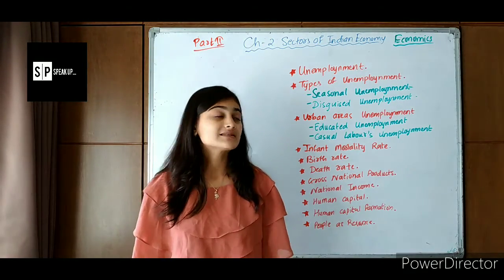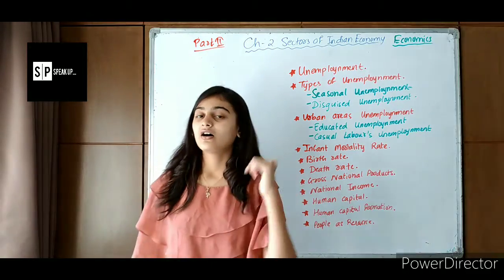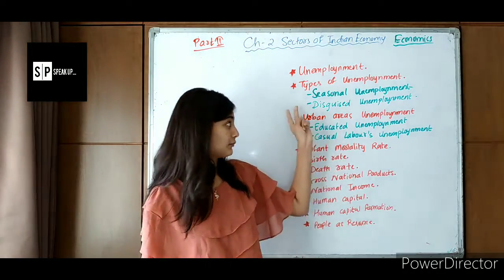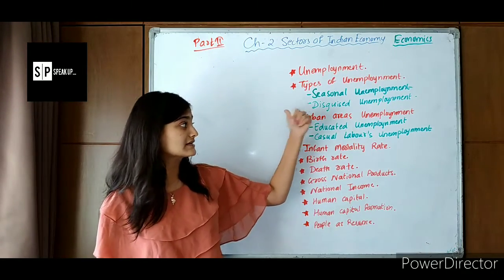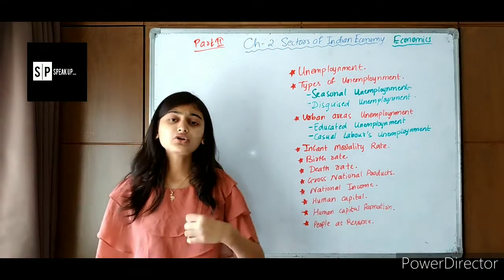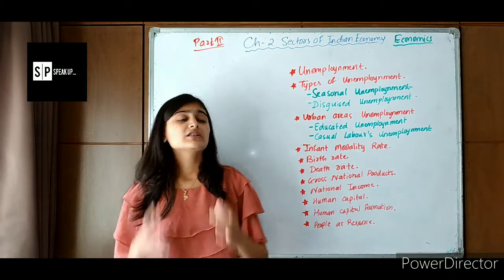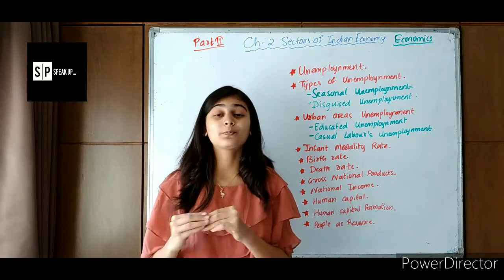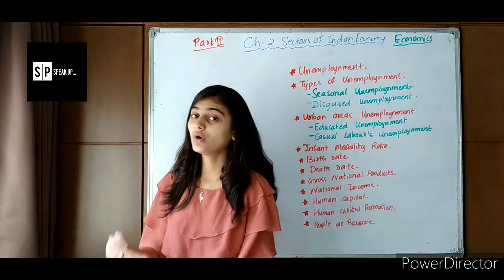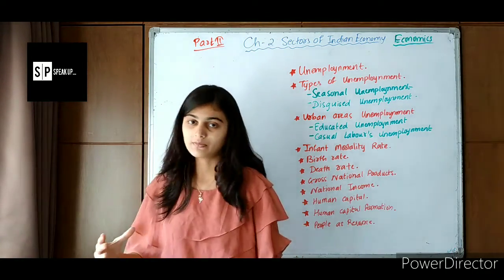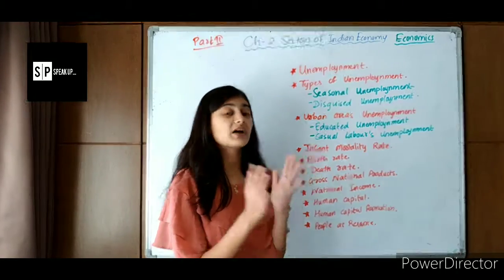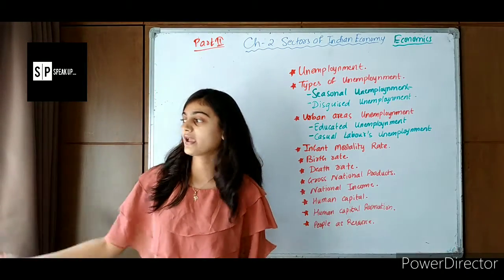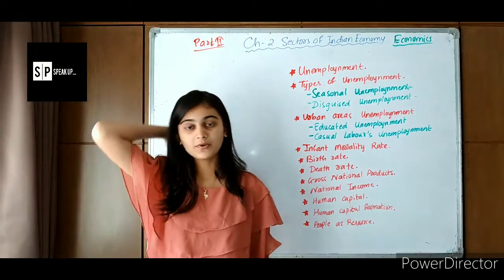Now let's see the types of unemployment in rural area. In rural area there are two types of unemployment, that is seasonal unemployment and disguised unemployment. Now what do we mean by seasonal unemployment? Seasonal unemployment is a situation where the person would not be getting opportunity to work for a particular period of time. So he would be unemployed only for a short period of time, then he would be again employed for another period of time.